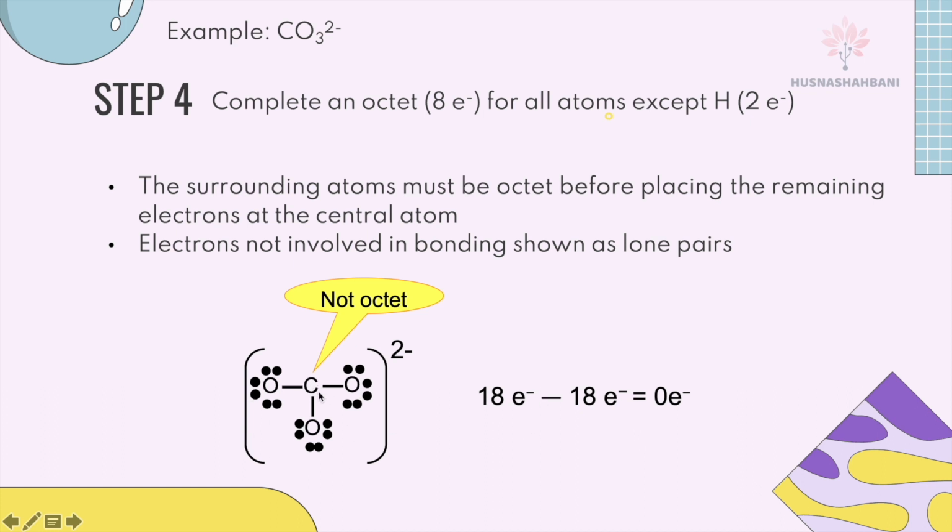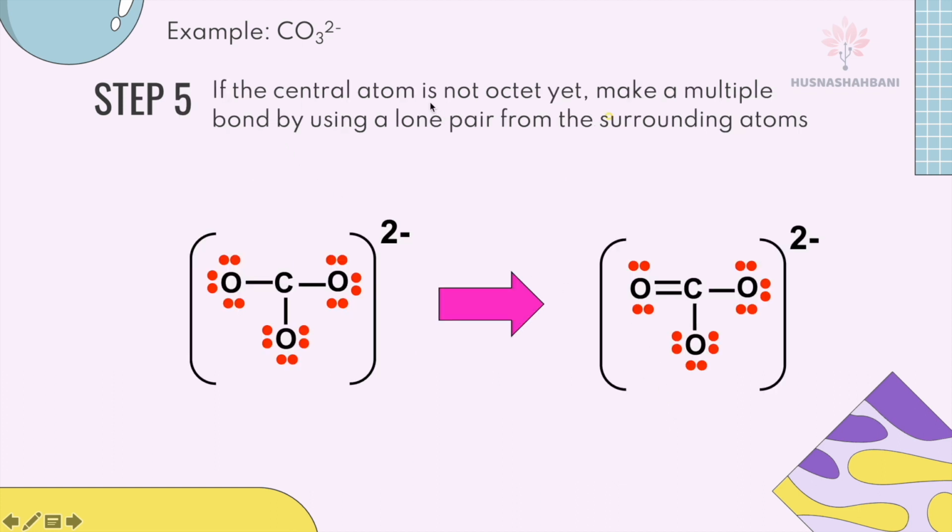Our problem is the carbon has 6 valence electrons. It still has not achieved the octet, but we have no electrons left. If the central atom is not octet yet, make a multiple bond by using a lone pair from the surrounding atom. Our oxygens each have lone pairs of electrons. The electrons that we use for bonding, we call bonding pairs. The electrons not involved in bonding, we call lone pairs.